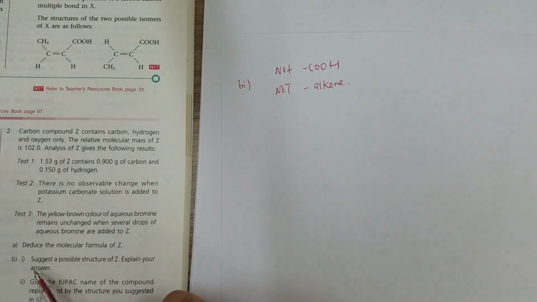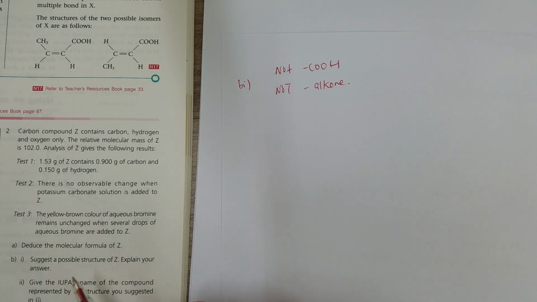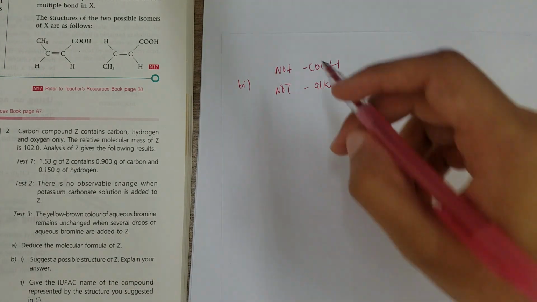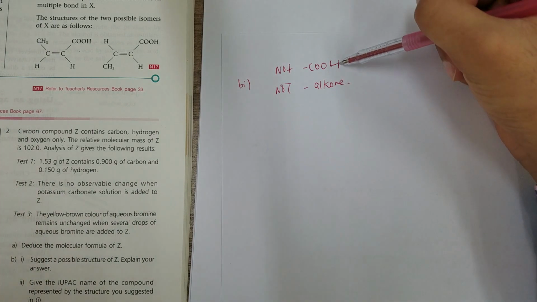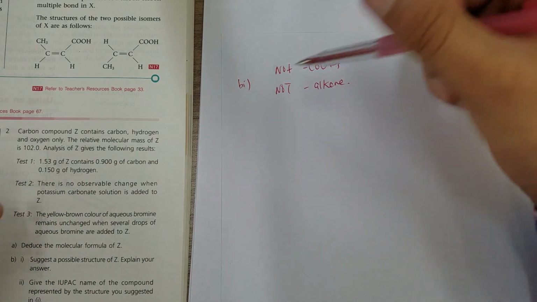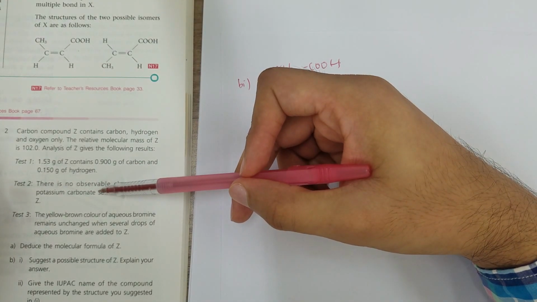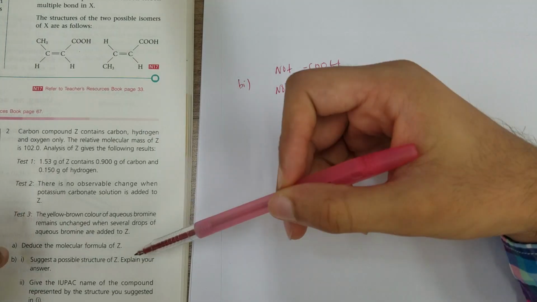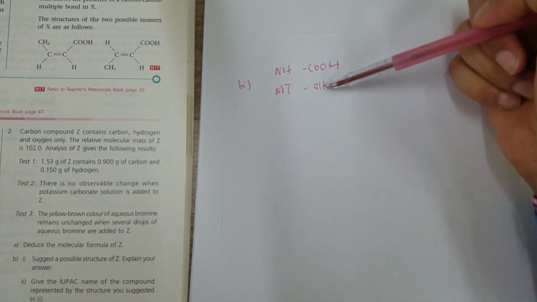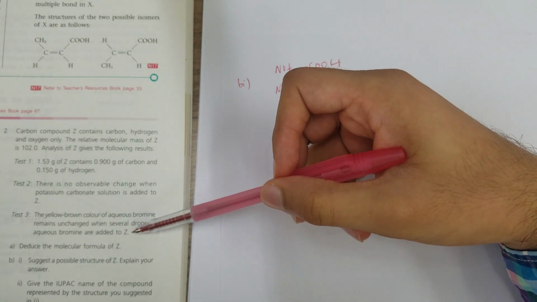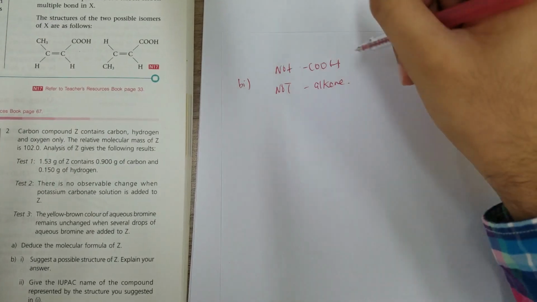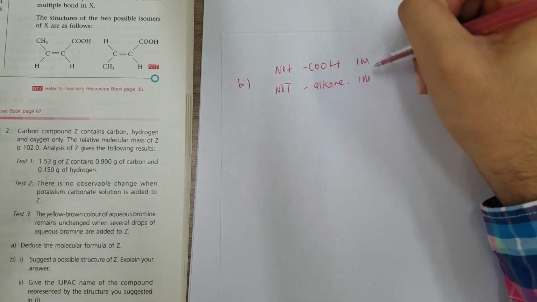So how do we, now suggest a possible structure, explain your answer. So for B1, you have to explain it cannot be COOH because there's no reaction with carbonate, so it cannot be acid. You also explain why it cannot be alkene is because it remains unchanged. So you got 2 marks for that. So 1 mark for this one, 1 mark for this one. So you just write it in sentence.